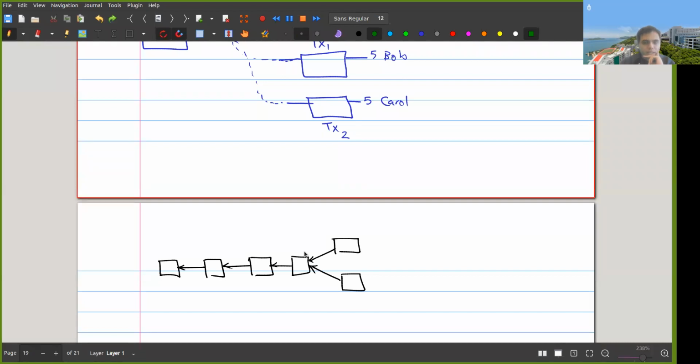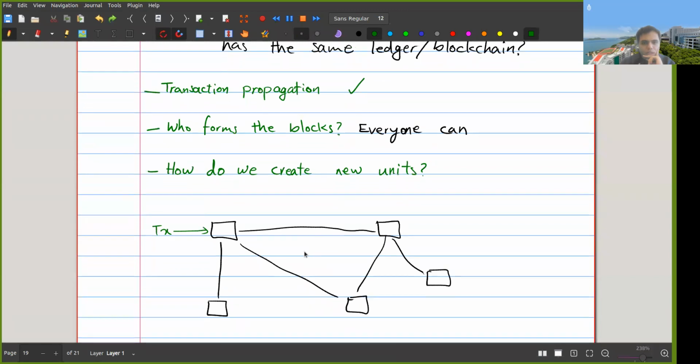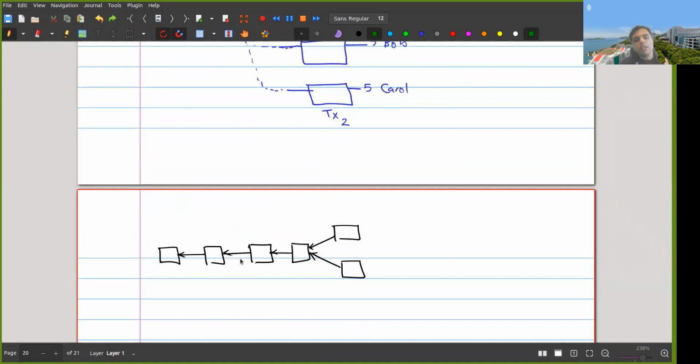And if I can do that, then I would be able to also have consensus about the order of transactions. Because if I have an order on my blocks, then of course in each block I also have an order on transactions because, well, it's a Merkle tree. I can have a left to right order on the leaves. So this gives me an order on transactions overall. Okay.